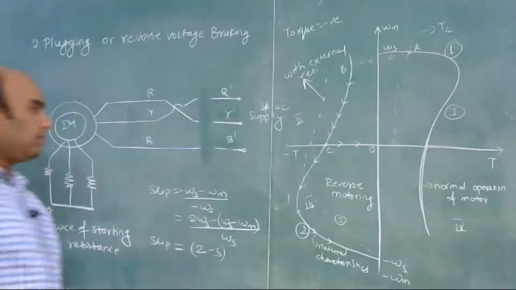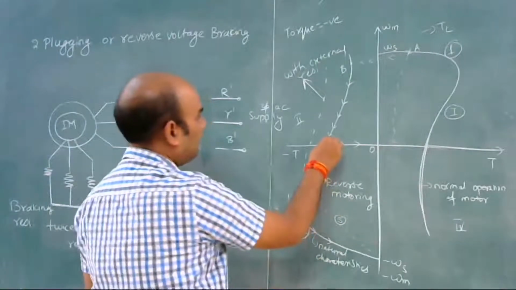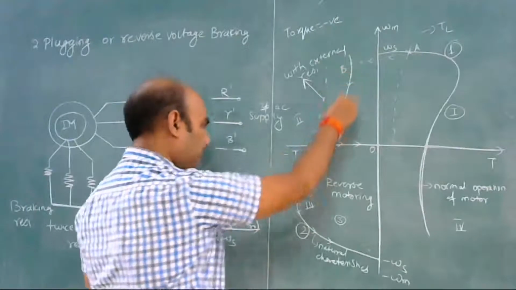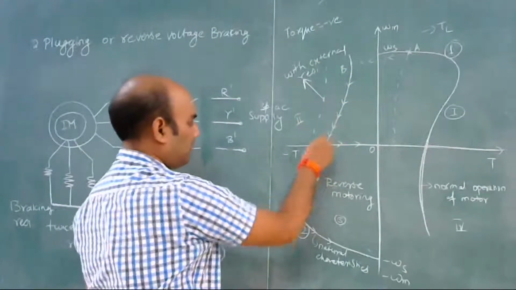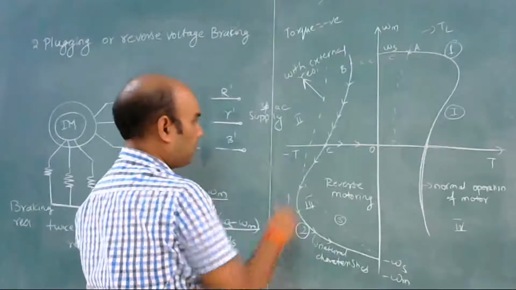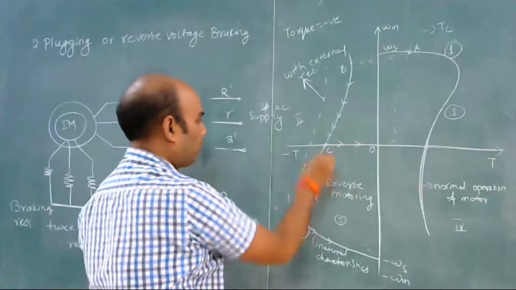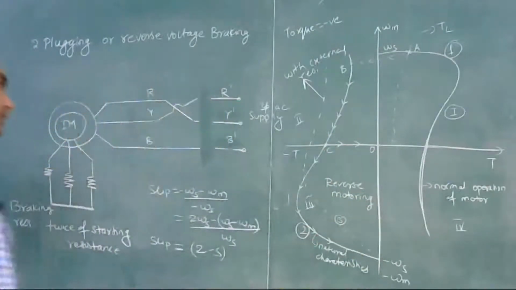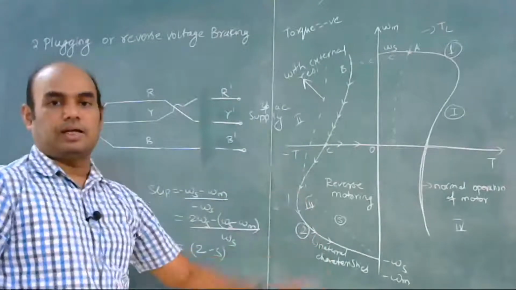If we are not disconnecting the supply at point C, the motor will now enter the third quadrant, which is reverse motoring, and it will accelerate in the negative or reverse direction.